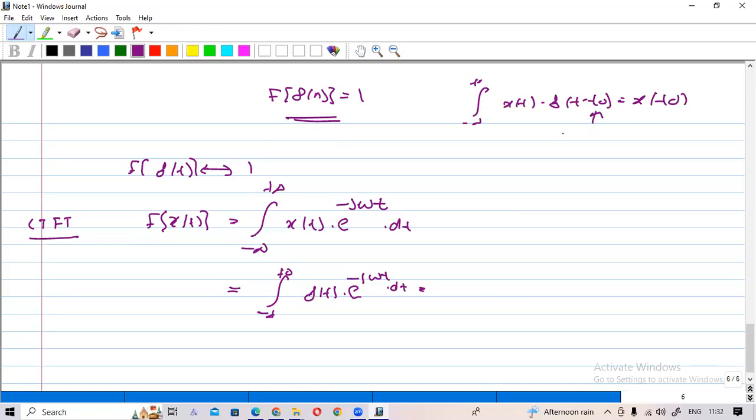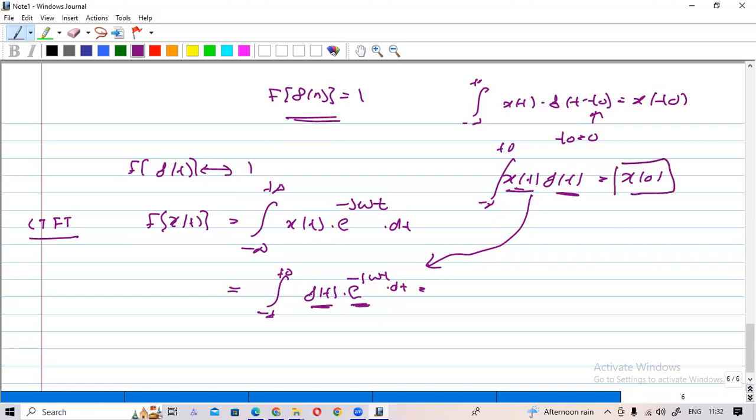If there is no shift, t naught is equal to 0, so the integral gives x(0). Here, instead of x(t), there is e to the power minus j omega t, multiplied by delta(t). Evaluating the integration, t will be zero, so e to the power minus j omega zero is 1. So the Fourier transform of delta(t) for the continuous time signal also will be 1.